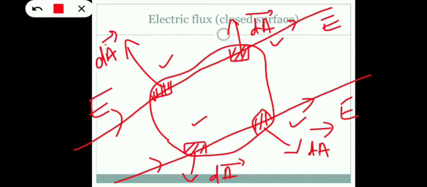This will give the electric flux through the whole body. But adding the electric flux passing through all the area elements is a tedious job, because this irregular closed body is made of an infinite number of area elements.